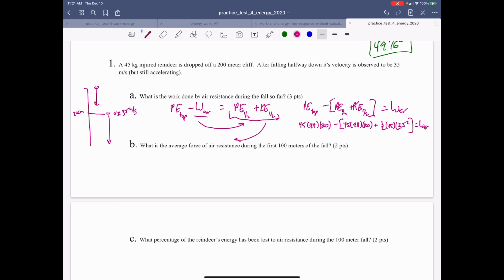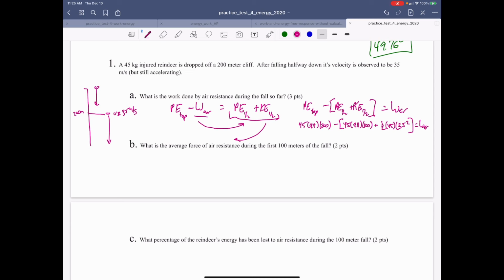So yeah, it's a lot of numbers, but it's really just calculator work. So let me just crank this out real quickly. We got 45 times 9.8 times 100 plus 45 times 0.5 times 35 squared. It's probably going to be a big number. And we're going to subtract that off of 45 times 9.8 times 200.